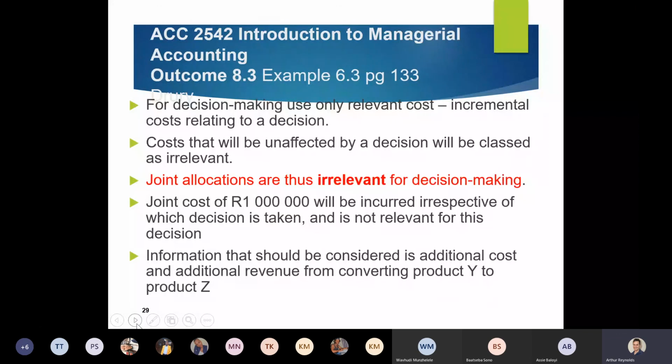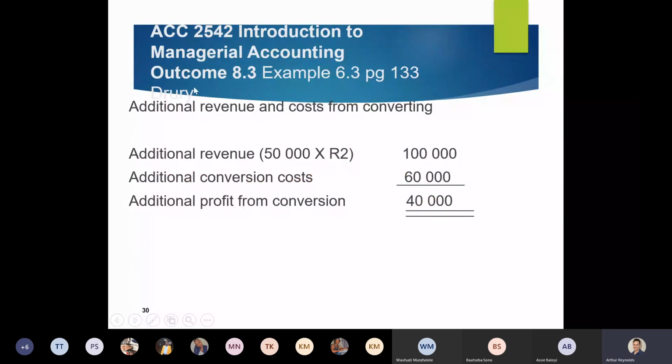And the information that shall be considered is additional cost and additional revenue from converting product Y to product Z. So the additional revenue that we're getting is the additional 2 Rand times 50,000, and the conversion cost is 60. So the additional profit from the conversion is 40,000 Rand.